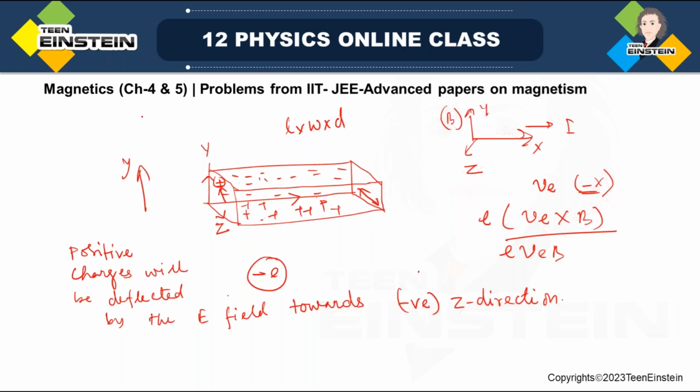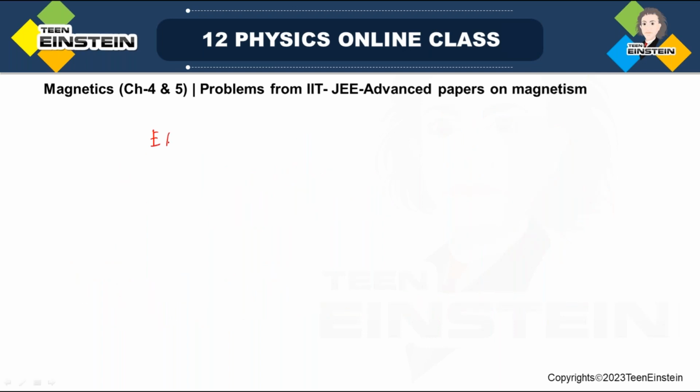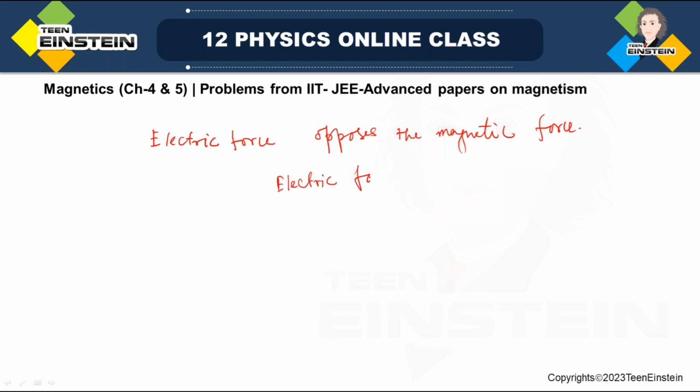Okay, so the electric force opposes the magnetic force. And how is equilibrium established? When the electric force on the charge carrier will be exactly equal to the magnetic force on the charge carrier.